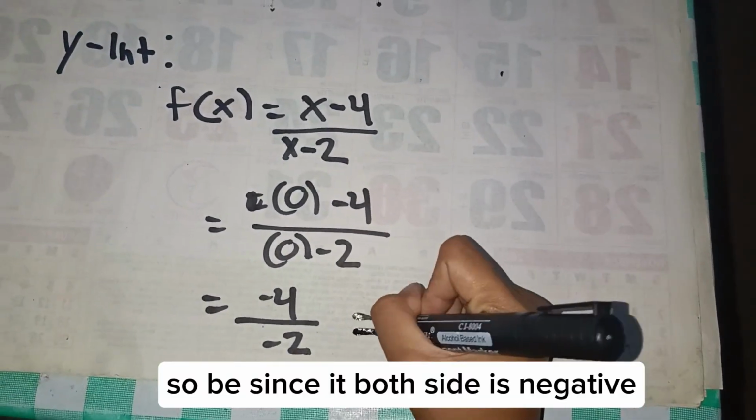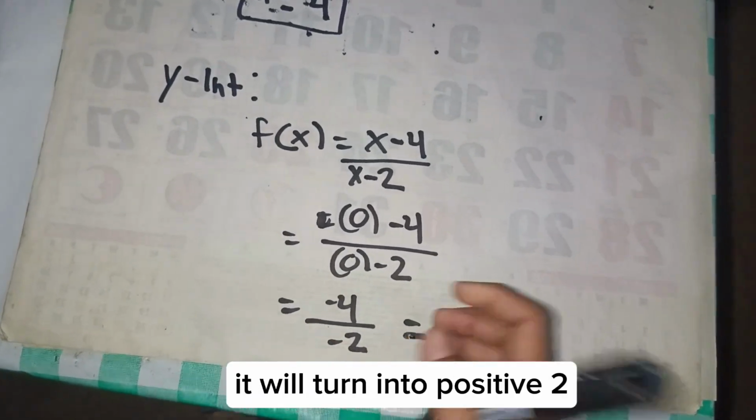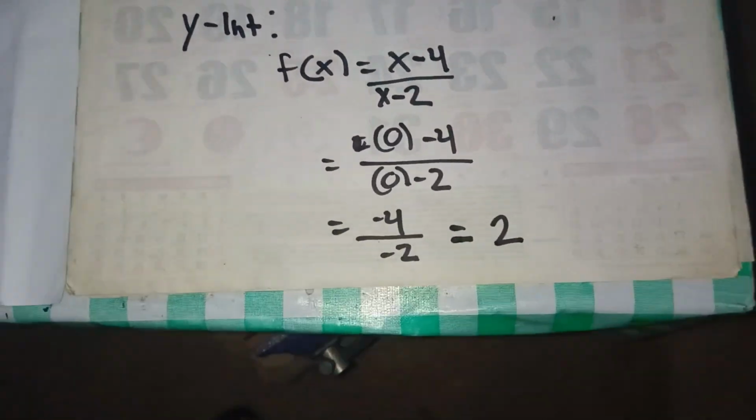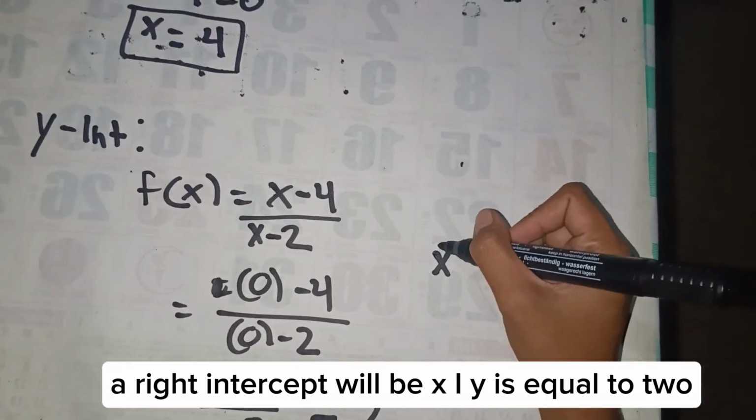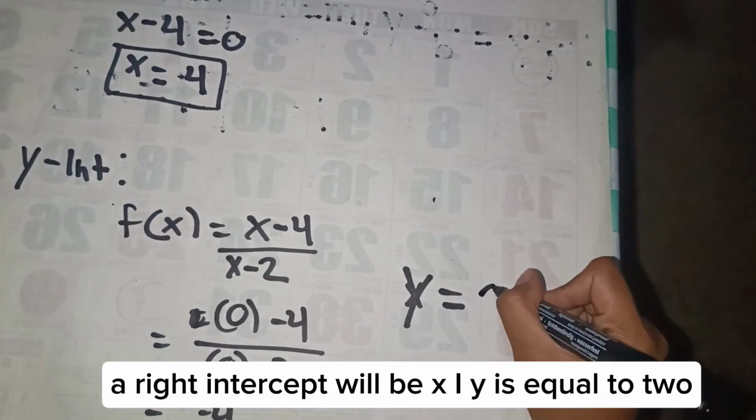Since both are negative, it will turn into positive 2. Our y-intercept will be y equal to 2.